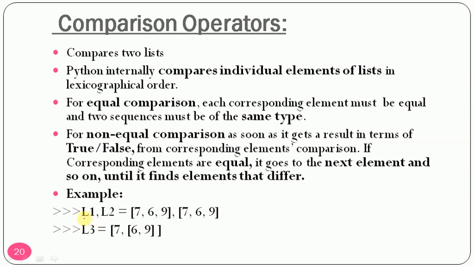Look at this example. We have lists L1, L2. L1 is 7, 6, 9, L2 is also 7, 6, 9. Look at L3, it is 7 and then 6 and 9 as another list. So this is a nested list. L3's second element is a list, that is 6 and 9. But L1 and L2 are the same.